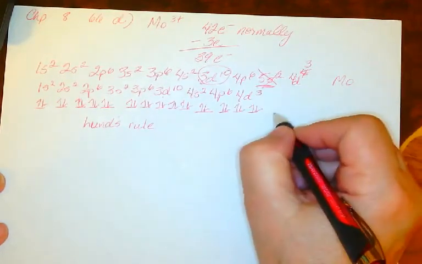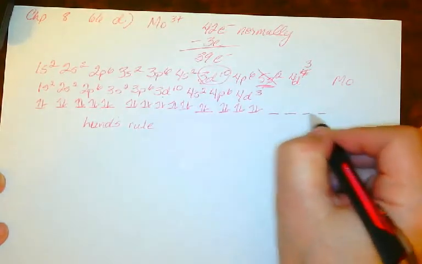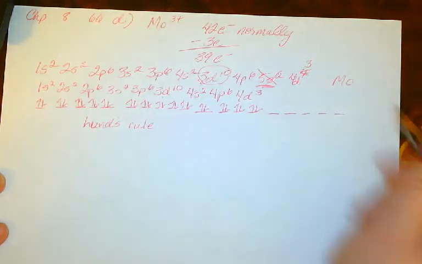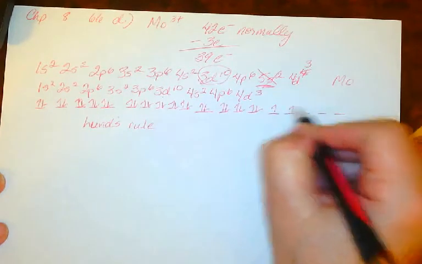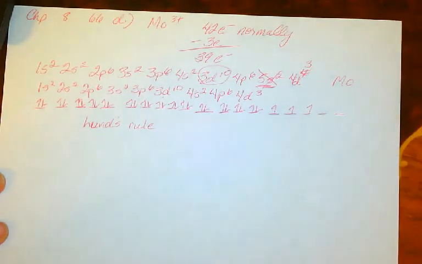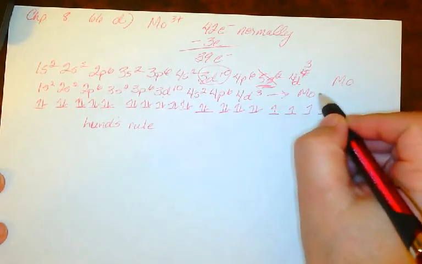And then the 4d. Now, 4d, again, is going to have 5 orbitals normally, which I'll show here. In this case, we're going to spread them out. And so we have this being shown. So this is what the orbital notation will look like for the electron configuration for Mo3+.